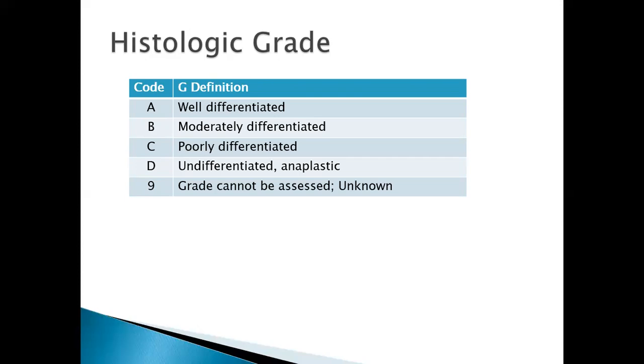The generic registry grade system, the 4-grade system of well, moderately, poorly, undifferentiated, can be used if a grade is provided in the pathology report. But once again, it normally isn't graded because it's not required to be graded. It's not recommended to be graded.